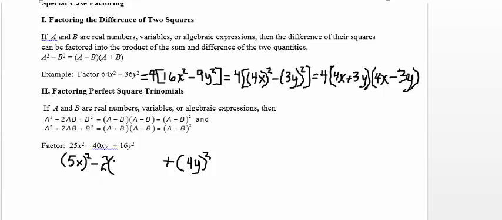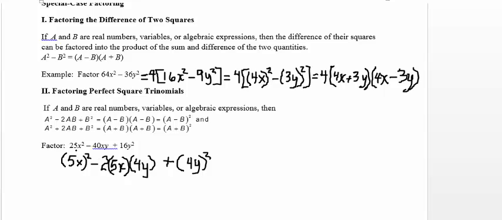If negative 2ab, where a is 5x and b is 4y, actually equals my middle term, I know the way I've rewritten the first and the third term is equivalent.